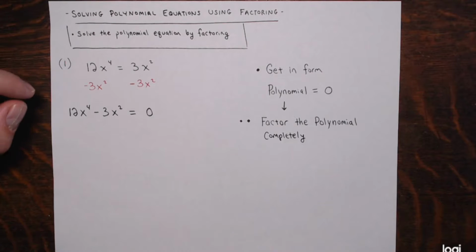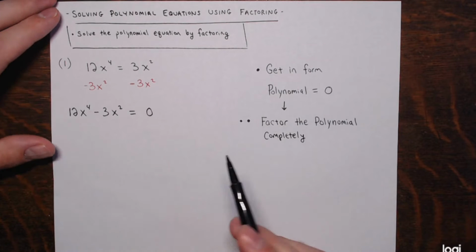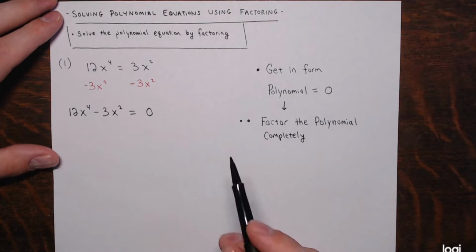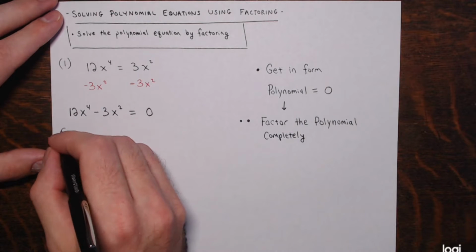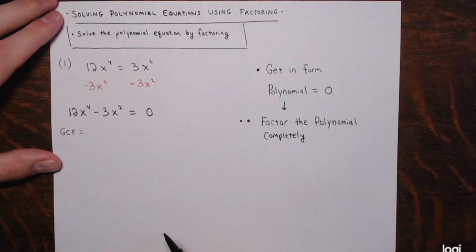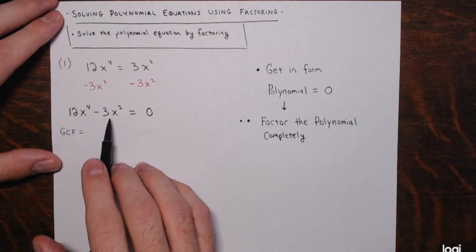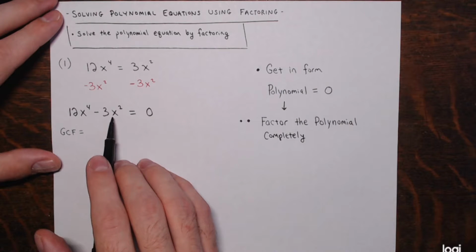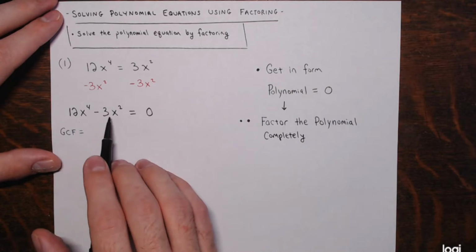So remember, the first step in factoring any expression is to find the greatest common factor, or the GCF, of all the terms. Now for these two, 12x to the fourth and negative 3x squared, notice they both have a power of x, right?